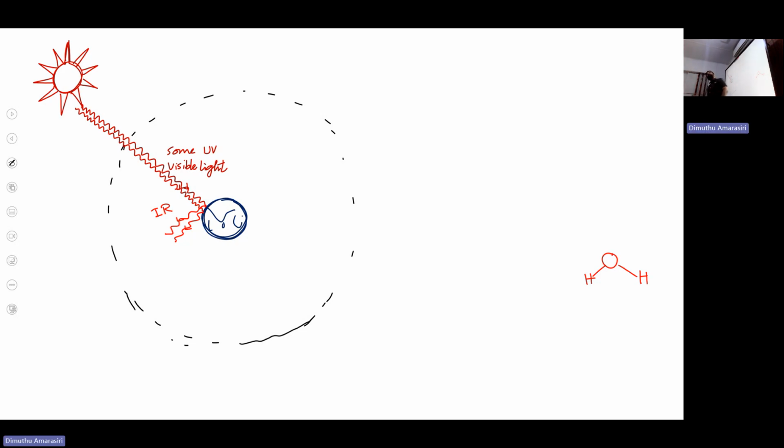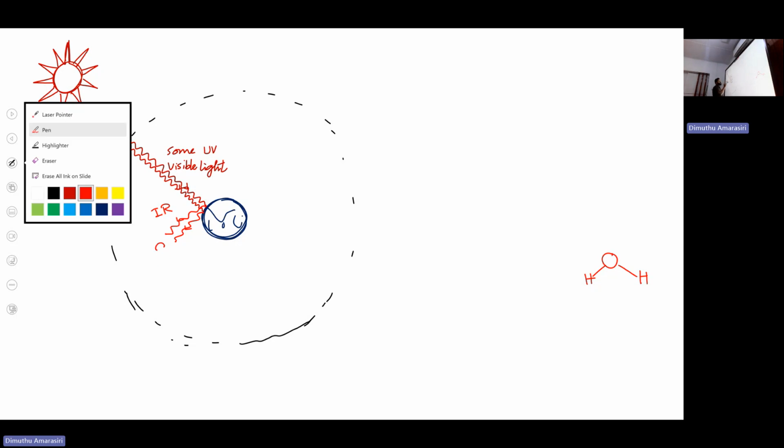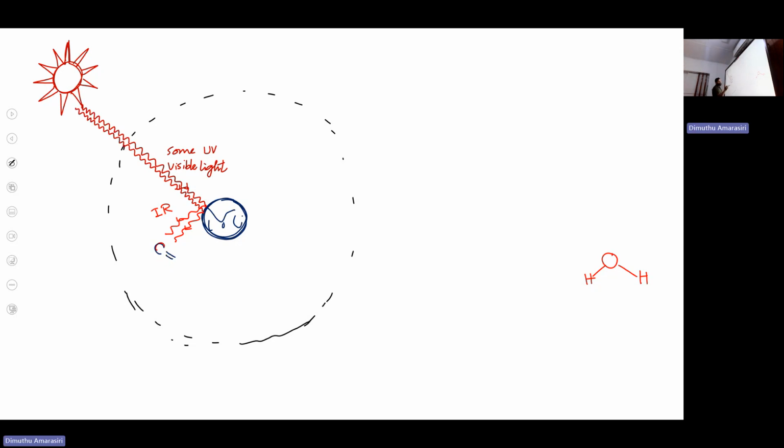IR can't go back to space. IR energy is absorbed by molecules like carbon dioxide, water, and other little complex molecules. They absorb IR and send it back to the earth.